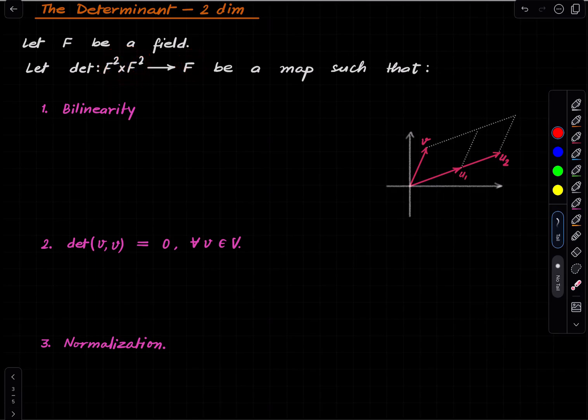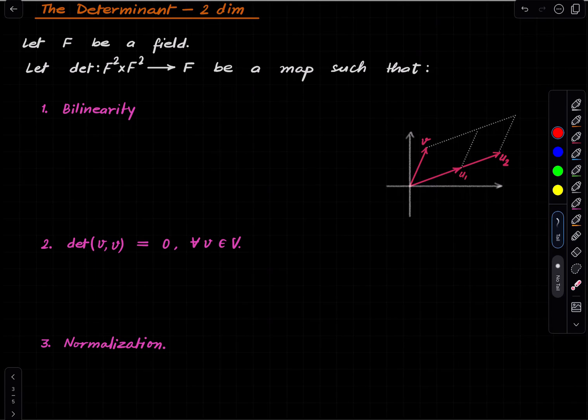Now, since we said that determinant is supposed to capture the volume, and when you're outputting your volume in an arbitrary field, that does not conform to intuition. So for the sake of intuition, think of F as the set of real numbers, but that intuition is motivating a very general definition, which may not make intuitive sense all the time, but it will at the same time be a very useful concept.